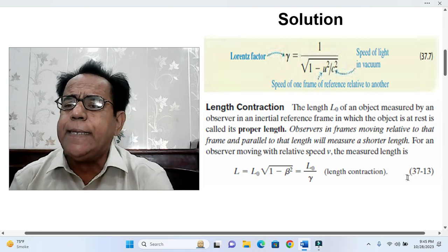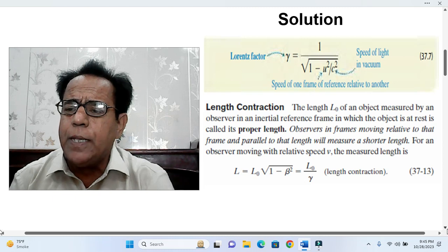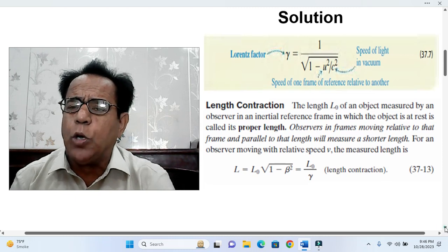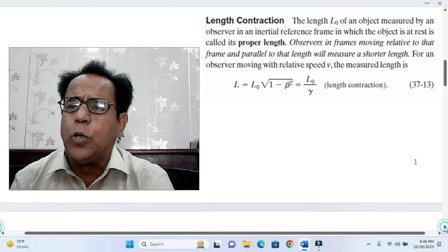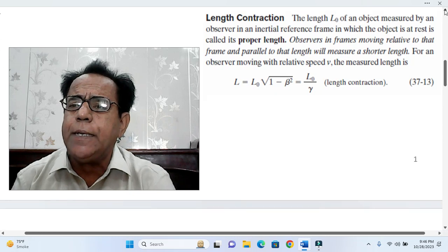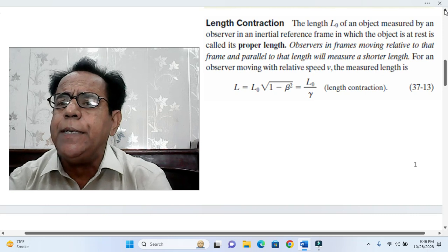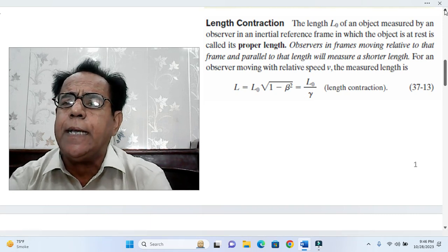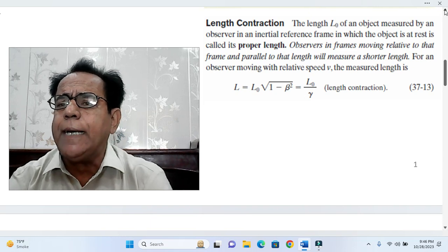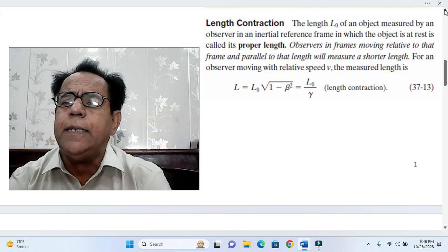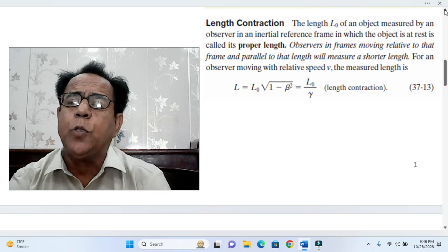The second snapshot is about length contraction. The length L naught of an object measured by an observer in an inertial frame of reference in which the object is at rest is called its proper length.